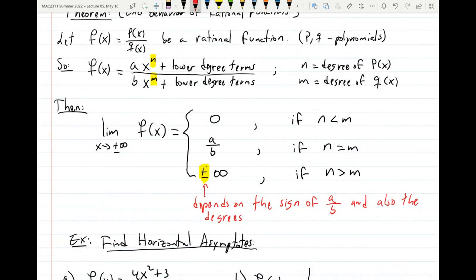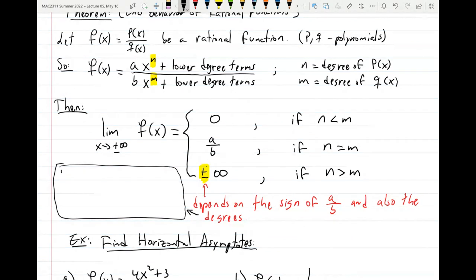So in this last case, it's important to know, let me make a parenthesis here. For this last situation, remember that when you take the limit as x approaches positive or negative infinity of the function, we can ignore the lower degree terms, the garbage, and just look at the ratio of the leading terms.